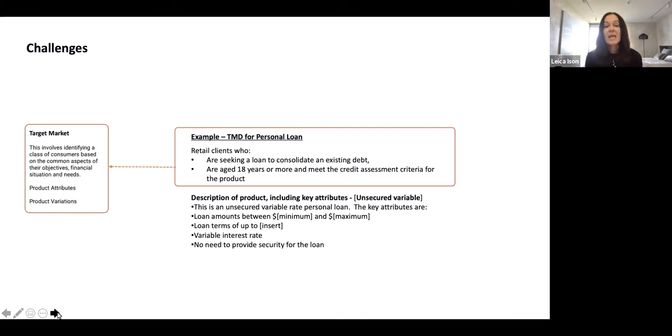So what I'm seeing in some areas is that teams are challenged from a time point of view. So they're creating one TMD and applying it to all the products. So the challenge with this is that as you get to your monitoring stage and setting those triggers, it's just going to make it more challenging to do your effective monitoring and set those review triggers.